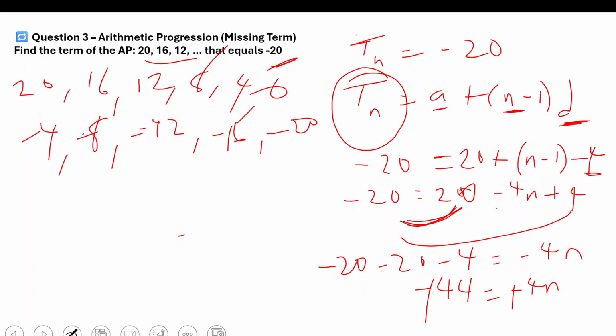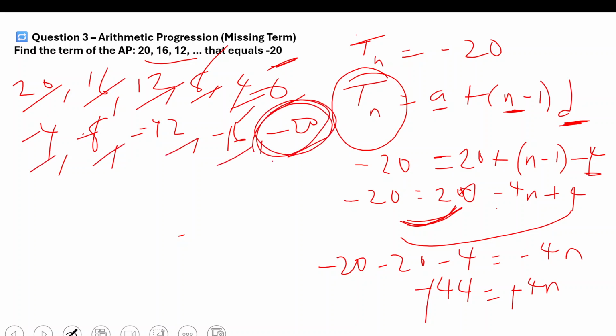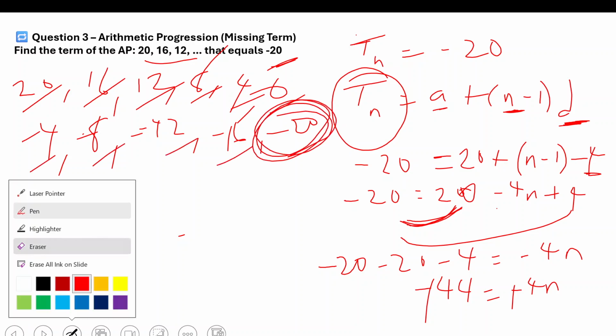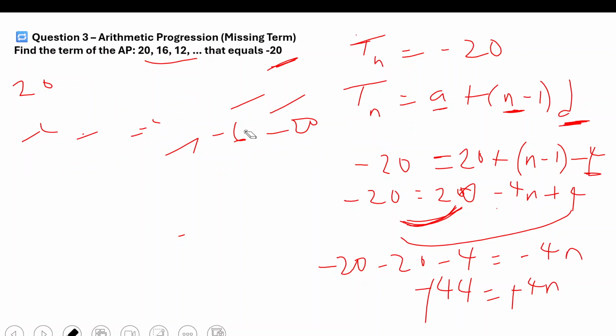If you count 1, 2, 3, 4, 5, 6, 7, 8, 9, 10, 11, the 11th term is minus 20. That's what the question is talking about.